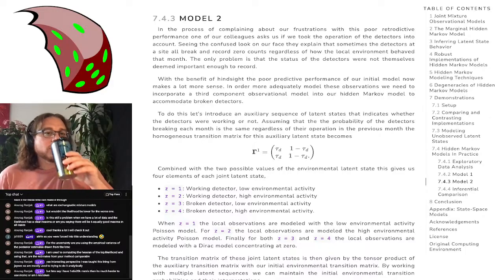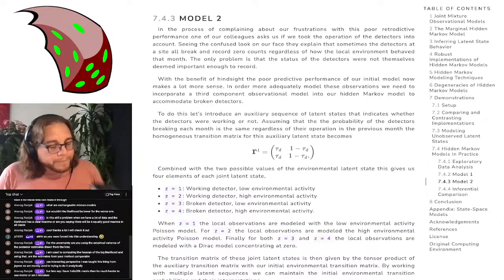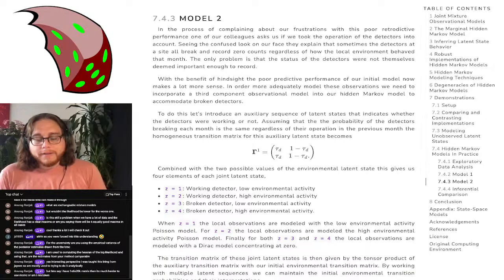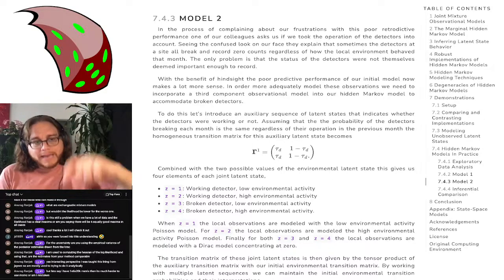And the way we're going to model this is with a second latent sequence that has another binary sequence. It's 1, 2: 1 if the detector is working, and 2 if the detector is broken. And then I can tensor that detector sequence with the environment sequence.